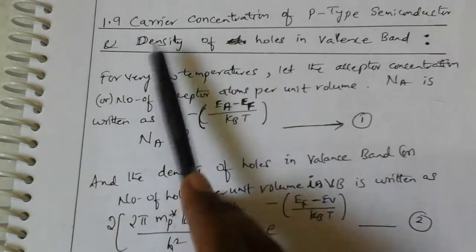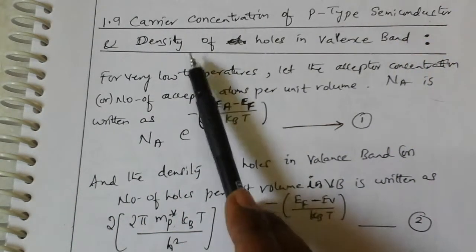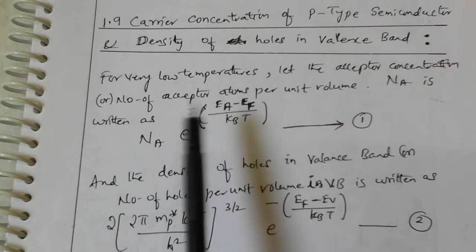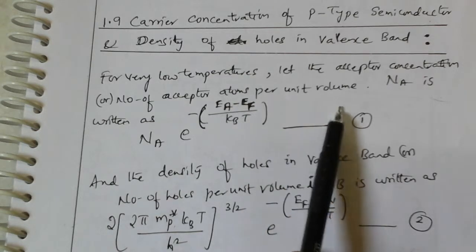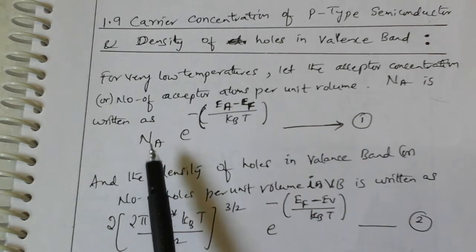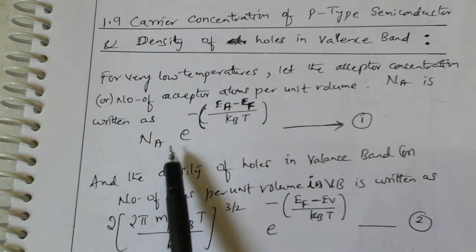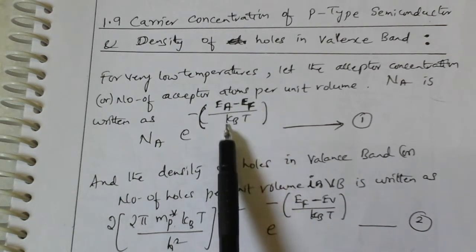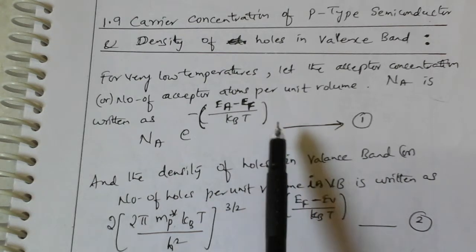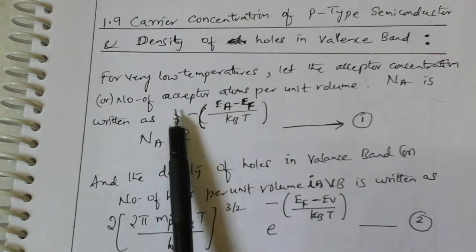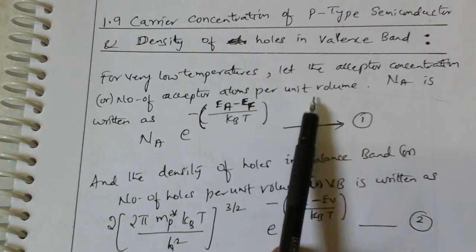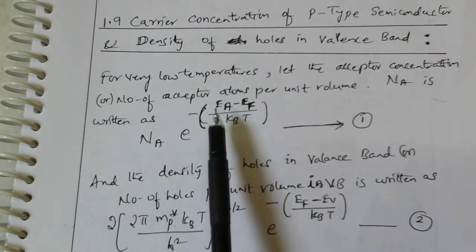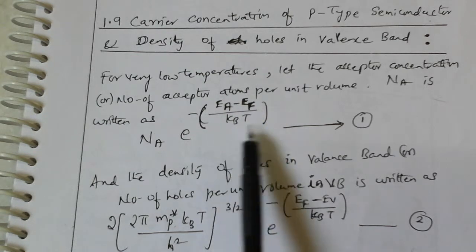Now to calculate the carrier concentration of a p-type semiconductor, or the density of holes in the valency band, the number of acceptor atoms per unit volume is Na e power of minus (Ea minus Ef) by kBT.